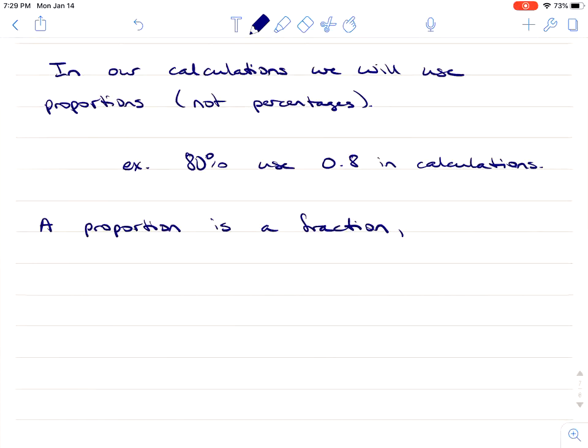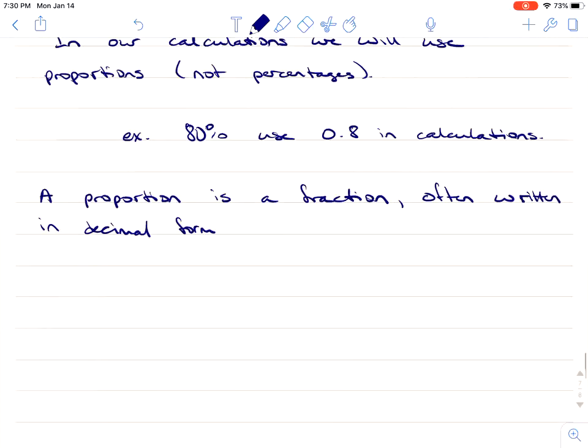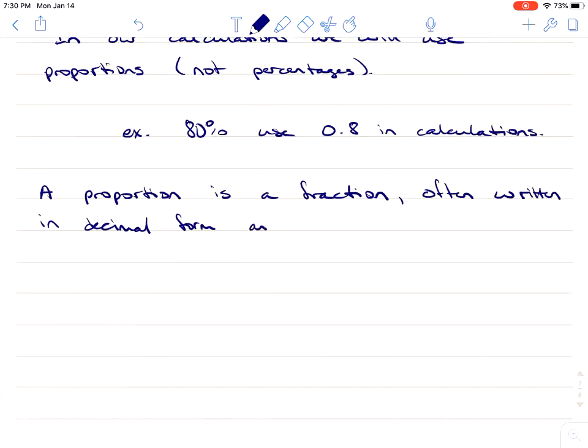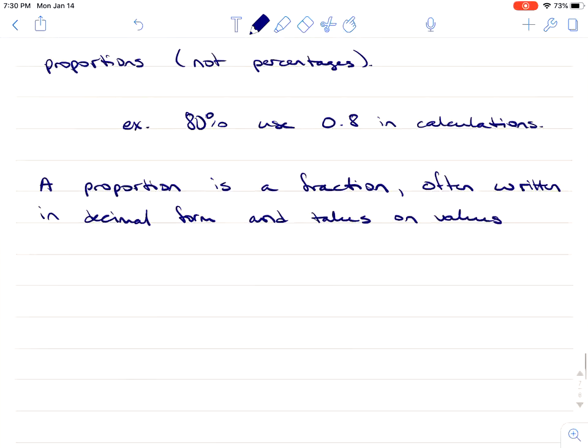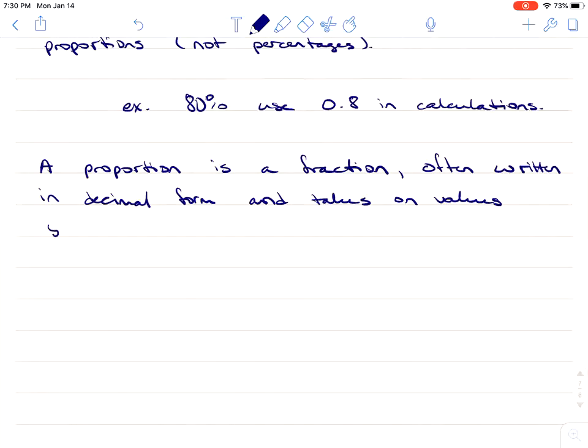So often written in decimal form, and takes on values between 0 and 1.